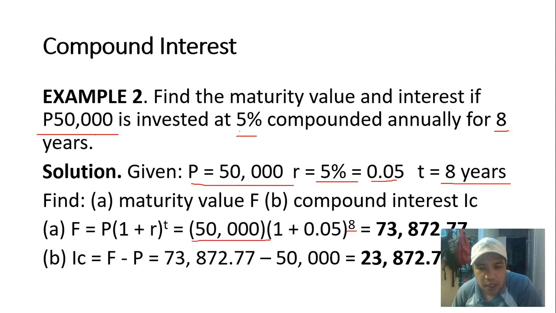So 50,000 times 1 plus 0.05 raised to 8 is 73,872.77. Letter B. What is the compound interest? So 73,872.77 minus 50,000, which is the principal, gives us 23,872.77 as the compound interest.